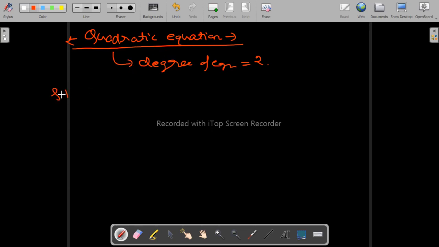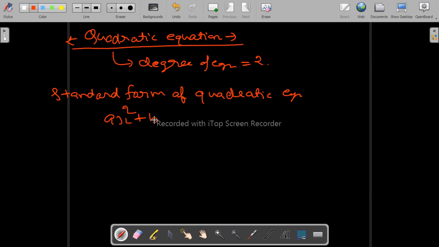So let us see the standard form of a quadratic equation. The standard form is ax square plus bx plus c equals 0.